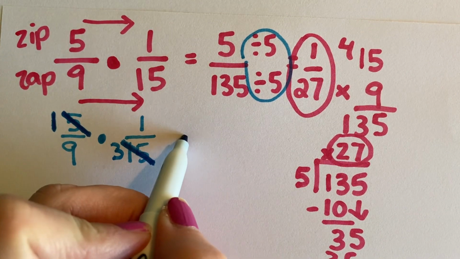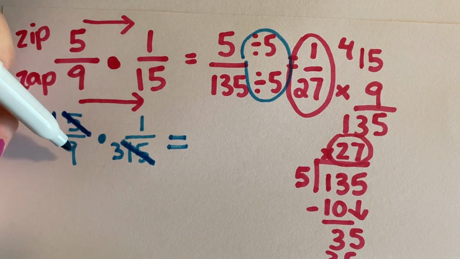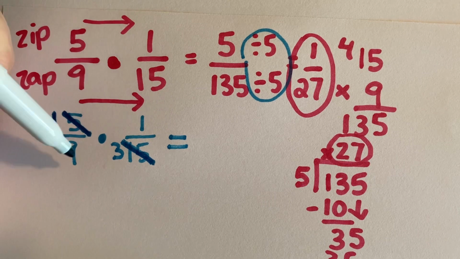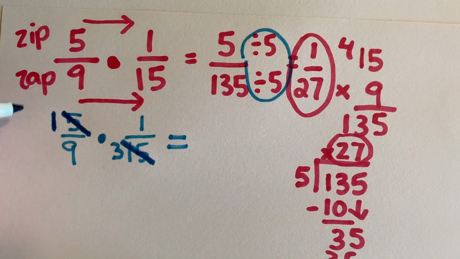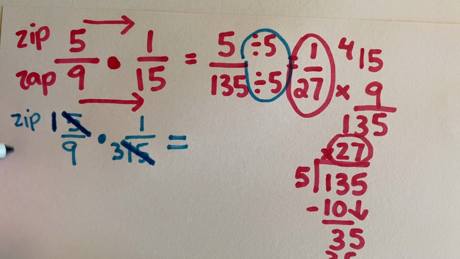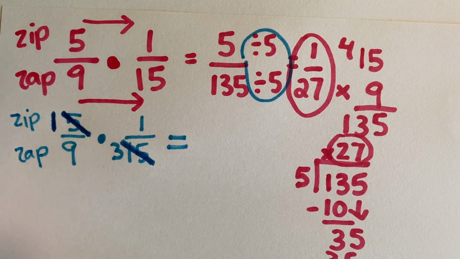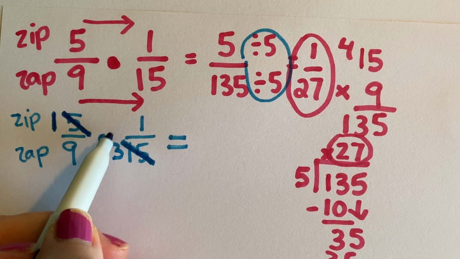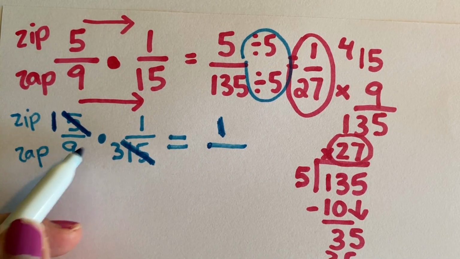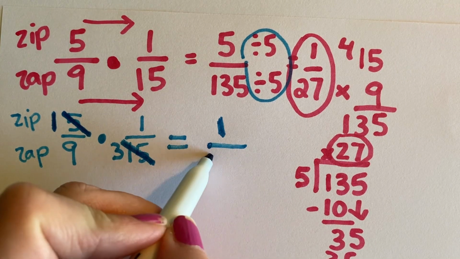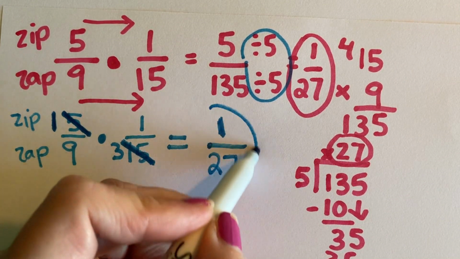Now I look at the other diagonal. I don't think 1 and 9 can do much of anything, so I'll leave that alone. But now let's zip and zap. 1 times 1 is 1. 9 times 3 is 27.